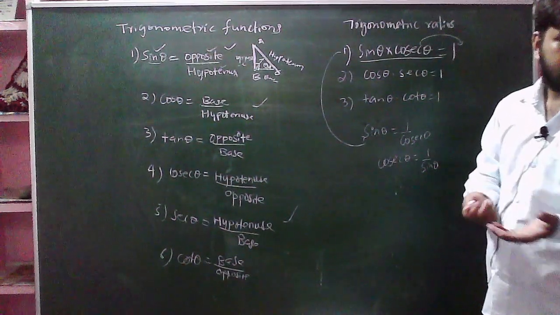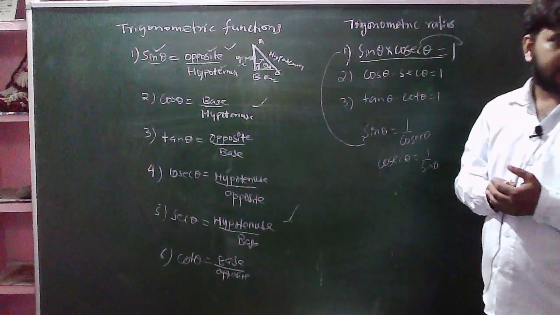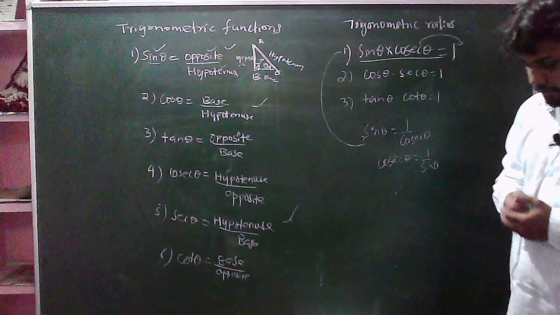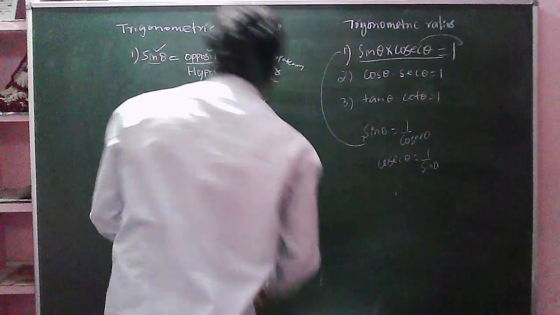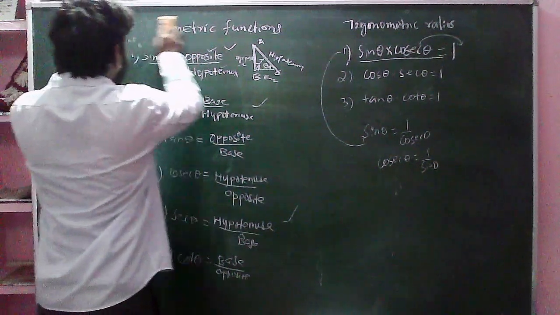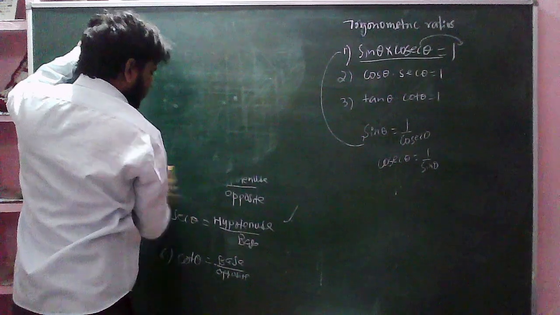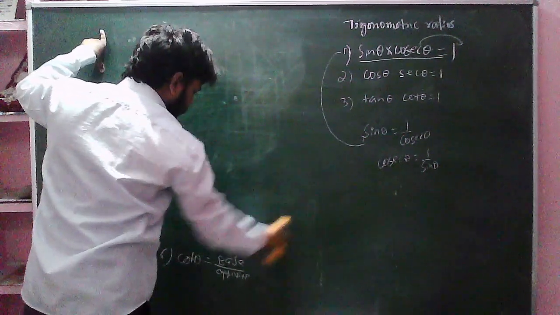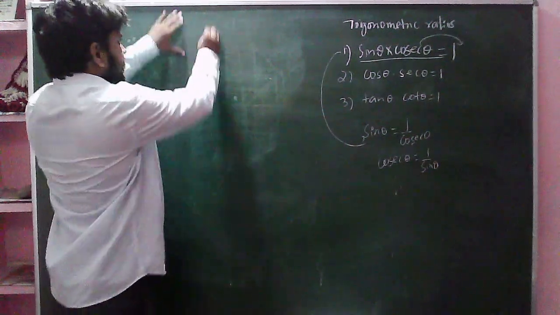Now we will learn about the square identities in trigonometric functions. Before going to the square identities, we will also learn about the allied angles formulas. Always remember this.